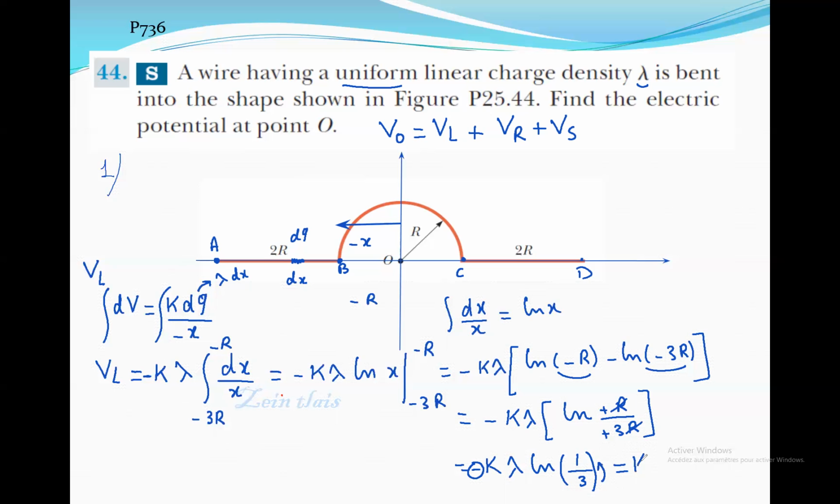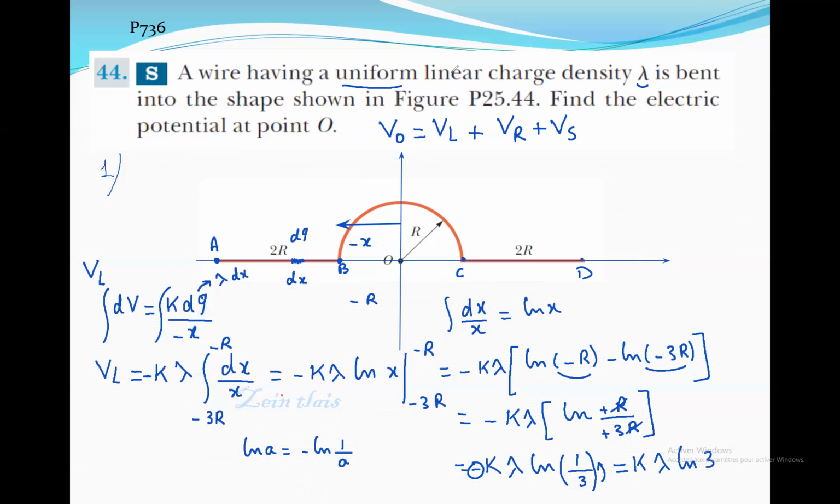Here we can eliminate the negative and change this one. So we get k lambda ln 3. You know, ln A equals to minus ln 1 over A. Why?